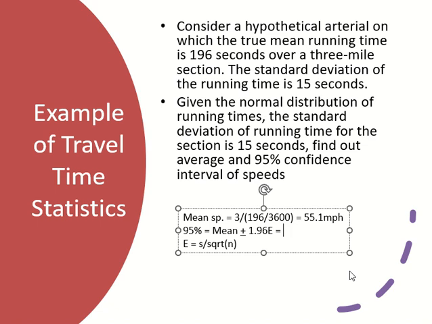So what is the confidence interval here? Mean is 196. Remember, I'm saying the mean of time, and the standard deviation of time, 15 seconds, right? So put the mean of time, which is 196.